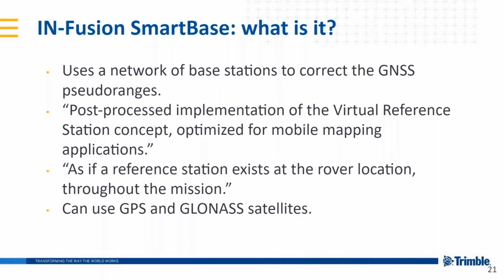GNSS observables for each epoch of the mission will be calculated as if a reference station exists at the lowest location throughout the whole mission. We can use GPS and GLONASS satellites for this processing mode.